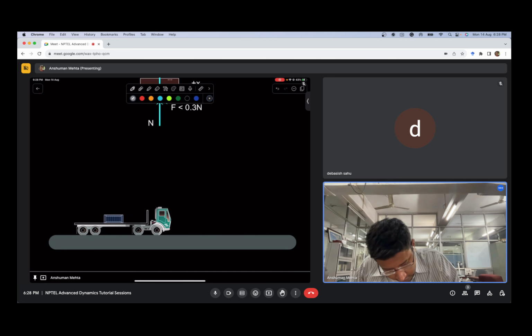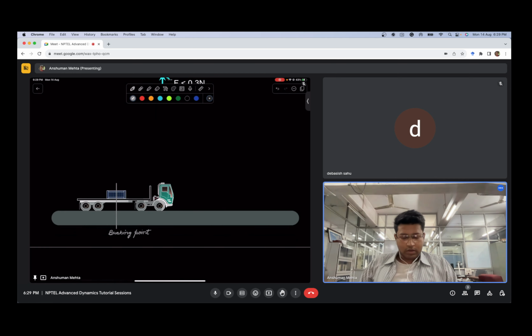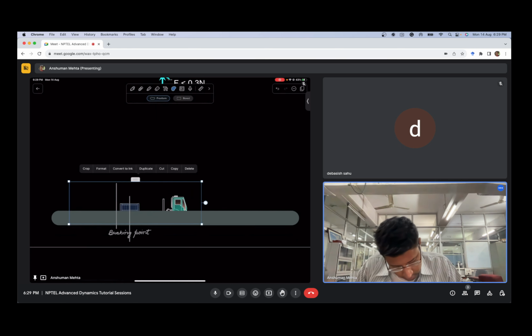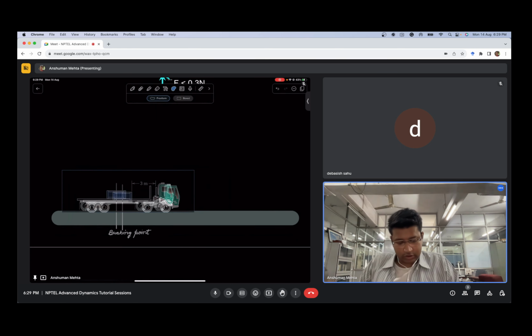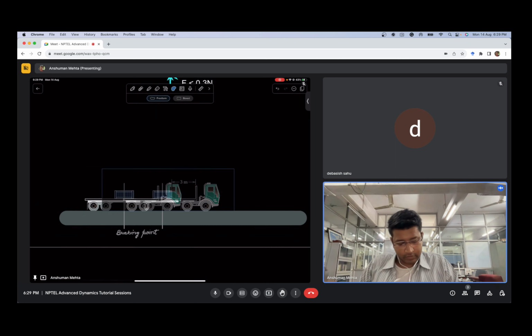Let's say the truck brakes at this point, and then it starts to stop. Before that it was going at full speed, and then suddenly it stops at some point.